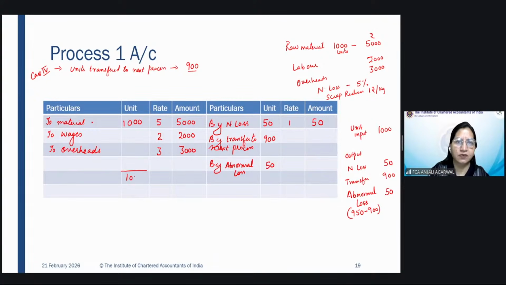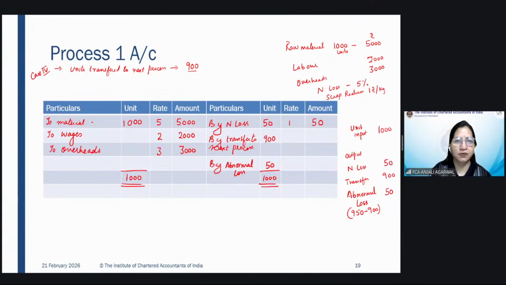You will see that the units will total with the units here, and the amount will total with the amount. So don't do anything. Whatever we have done so far is only to find out the abnormal loss by looking at the balancing figure of units. And we have pasted the entire information that was given in the question. I have not calculated anything else as far as amounts are concerned, right?